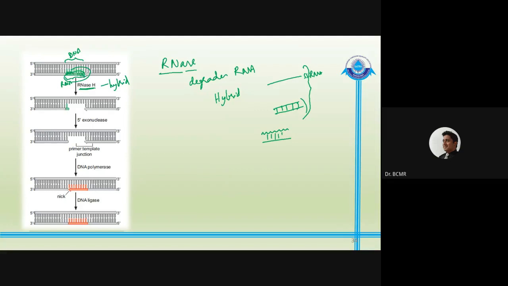It will degrade this. And then there is a gap that is produced, and that gap will be used by DNA polymerase because you have a primer and you have a template. DNA polymerase fills up the gap. And every time the last base is there, that is called a nick. I hope you remember what a nick is.